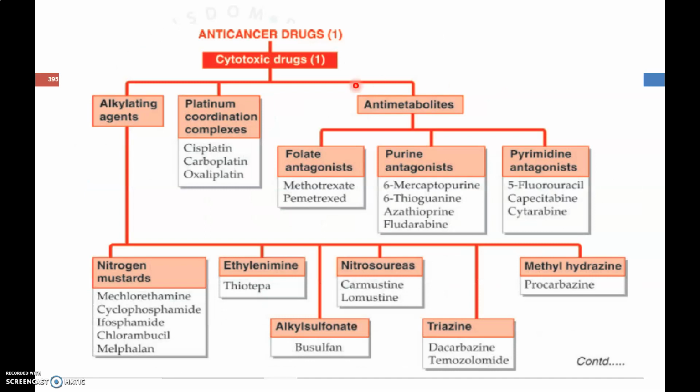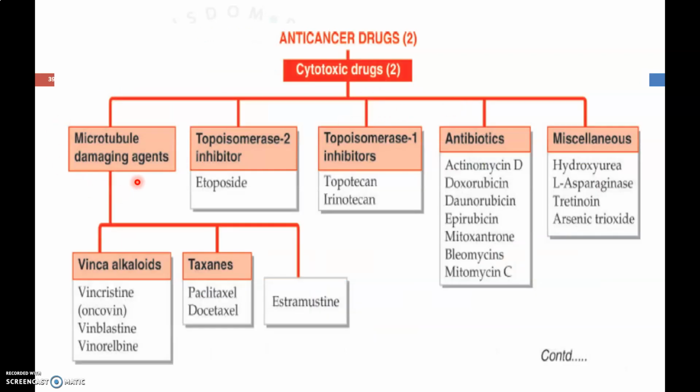So in the previous two videos and also in this video, we have discussed different cytotoxic drugs like alkylating agents, platinum coordination complexes, antimetabolites, microtubule damaging agents, topoisomerase 2 and topoisomerase 1 inhibitors, and antibiotics.